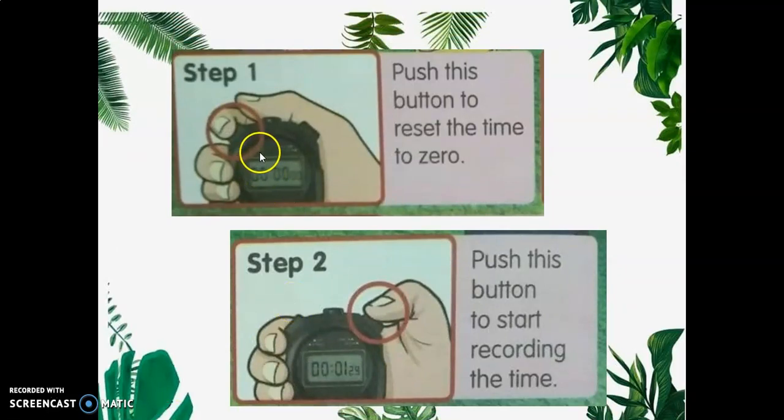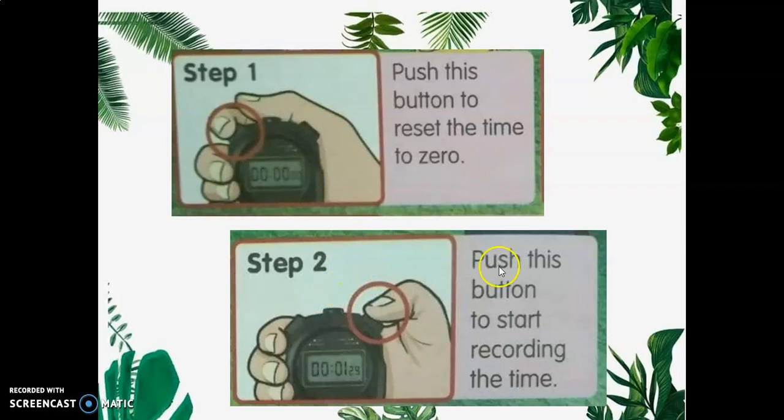Step 1. On the stopwatch, there are 3 buttons. So, to start, you must push this button to reset the time to 0. Ini adalah untuk reset, untuk setting masa dia supaya jadi nombor sifar.